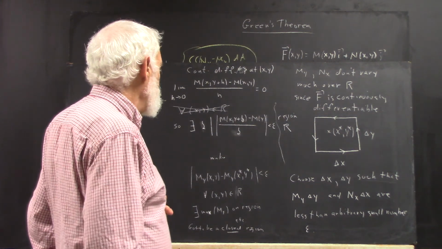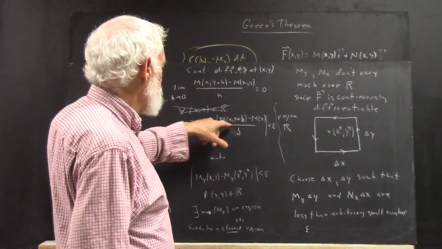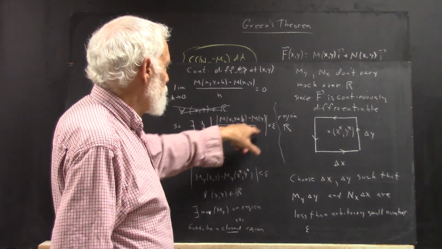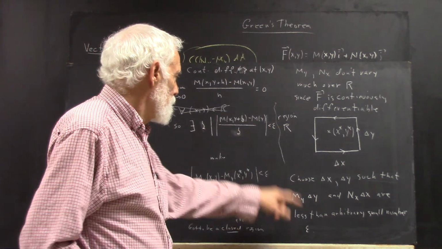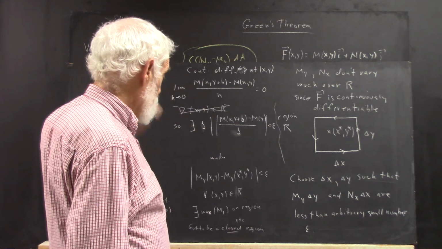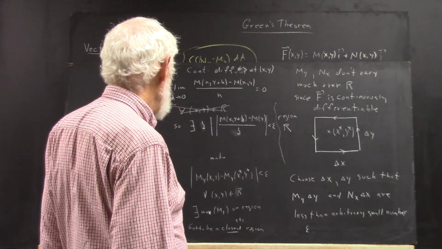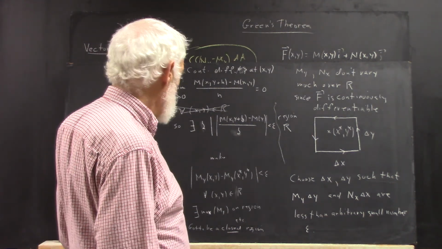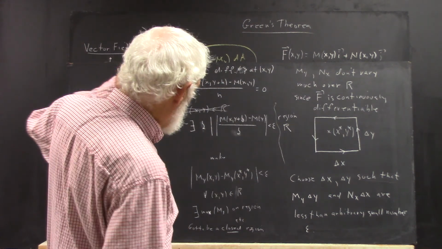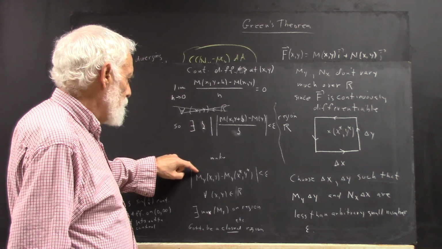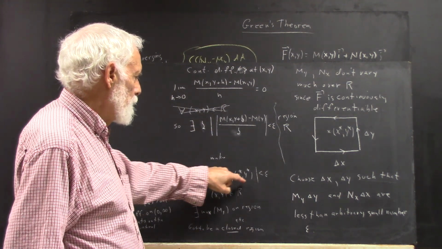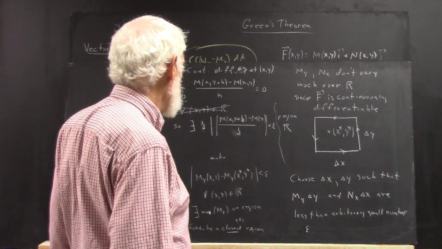Okay? And then that means there exists a delta such that m of x, y plus delta, and so forth, is less than epsilon. So we can shrink this down to being less than epsilon. Then I'm attempting to make m of x, y minus m of x star, y star less than epsilon.